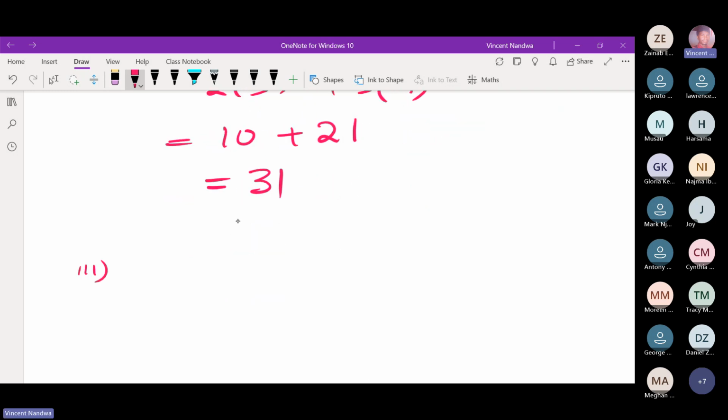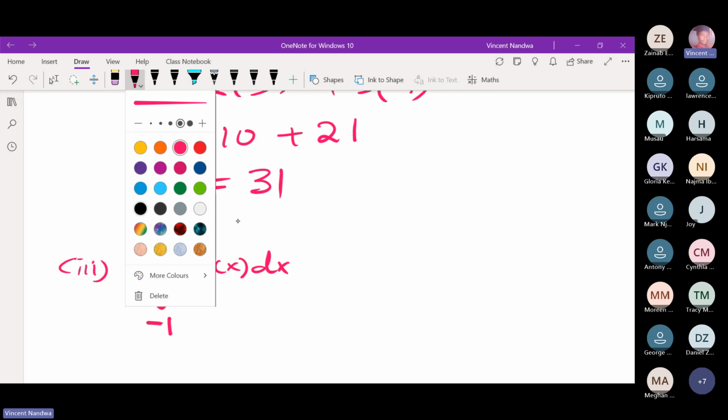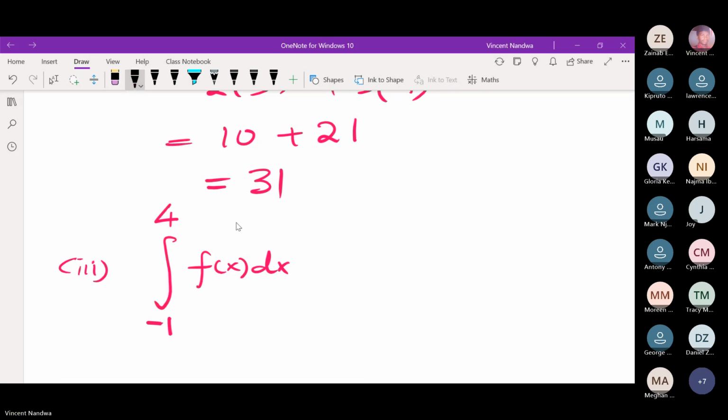Then number 3, evaluate the integral from -1 to 4 of f of x dx. So we are interested in moving from -1 to +4.